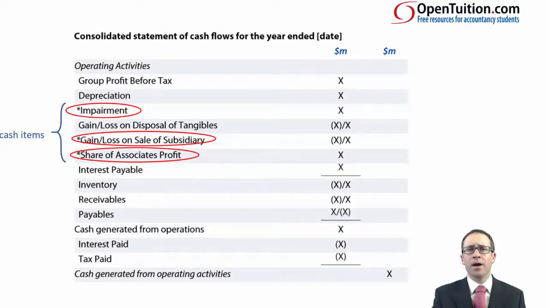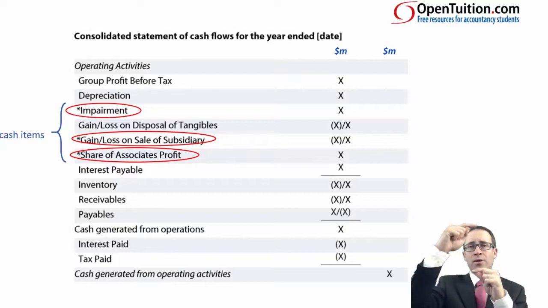So remember, you record your equity accounting of your associate in the statement of profit or loss as one line item, isn't it? It's there immediately before PBT. But if we start right at the very top with your group profit before tax, we need to work backwards, don't we, to get to your group operating profit.